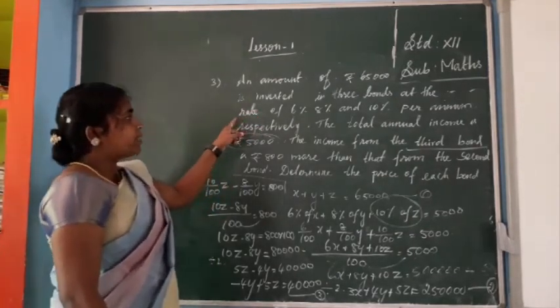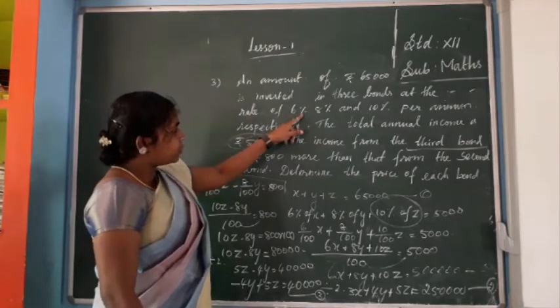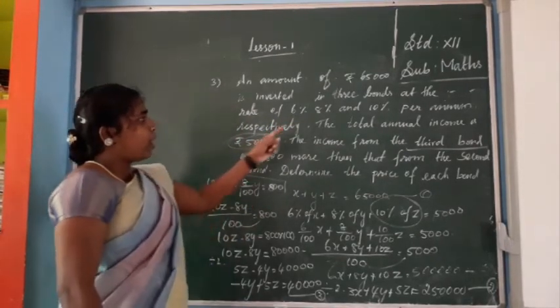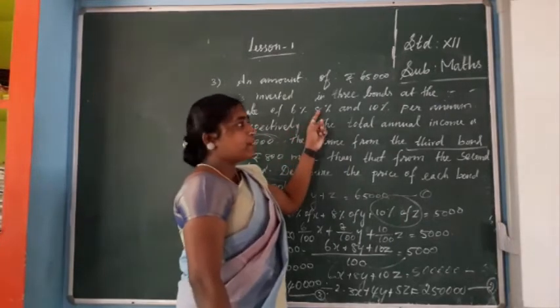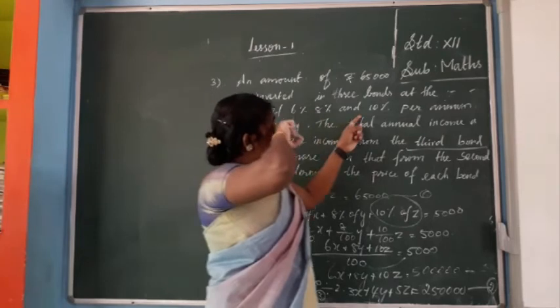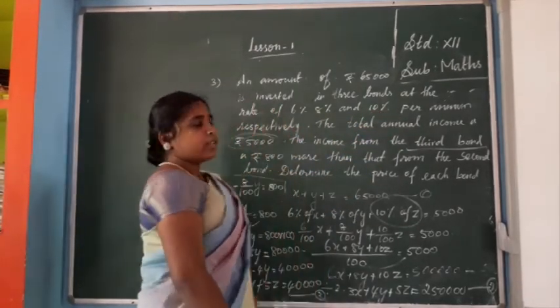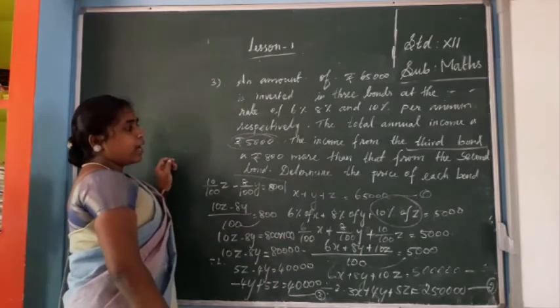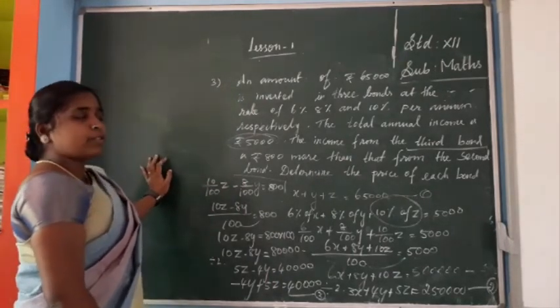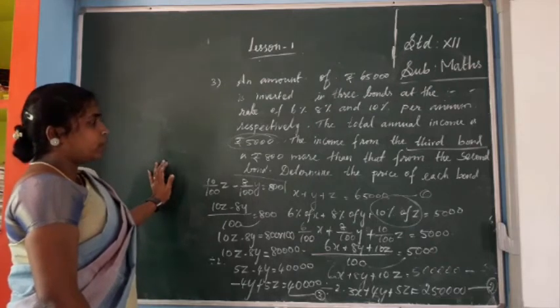The amount invested in the 6% bond is rupees x, in the 8% bond is rupees y, and in the 10% bond is rupees z. You have to use the Gaussian elimination method and solve.